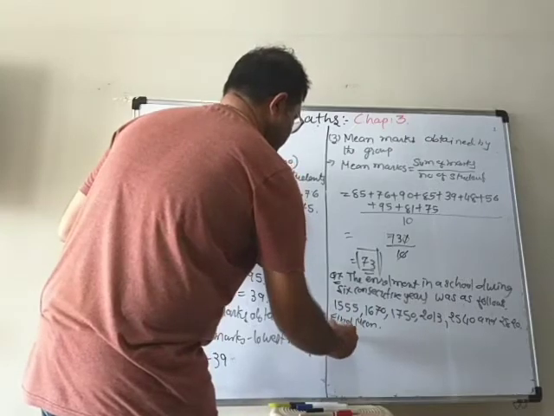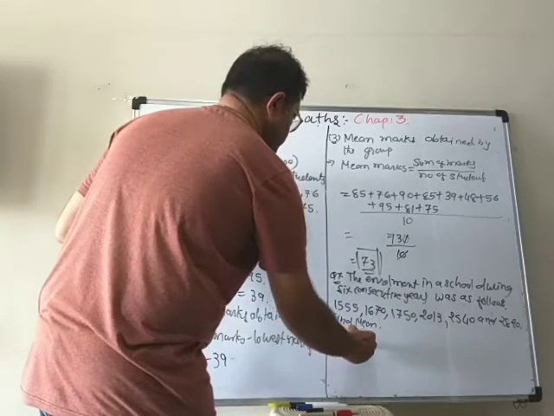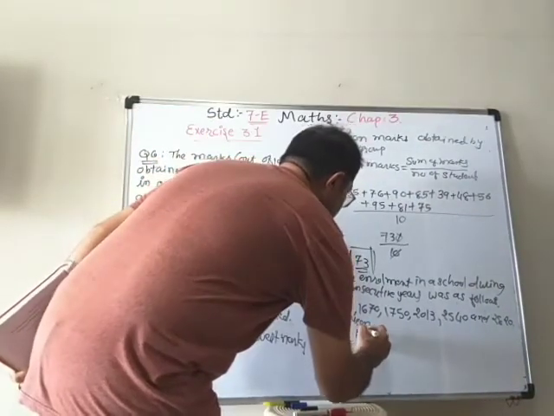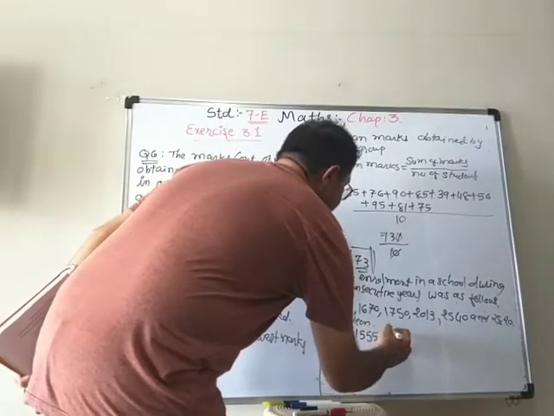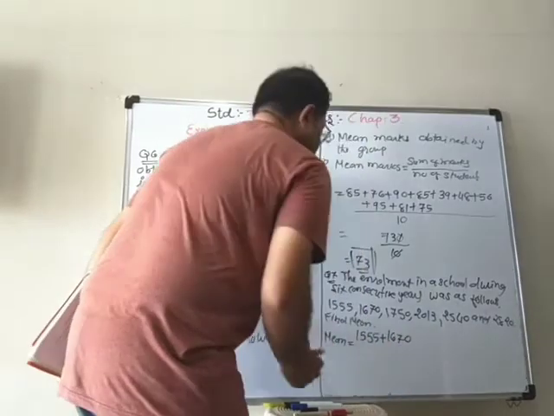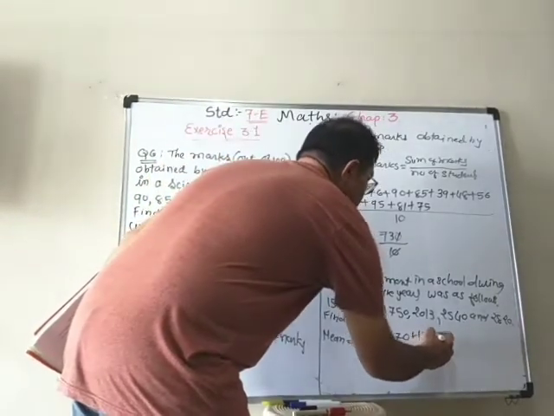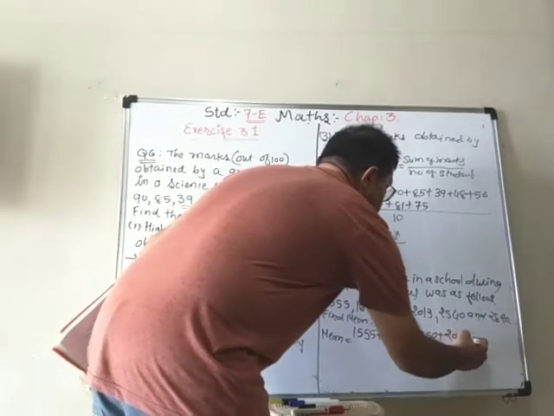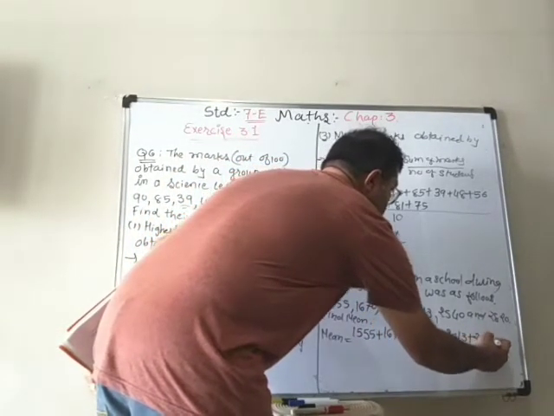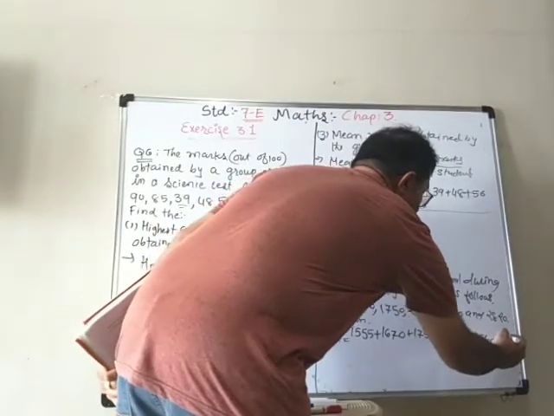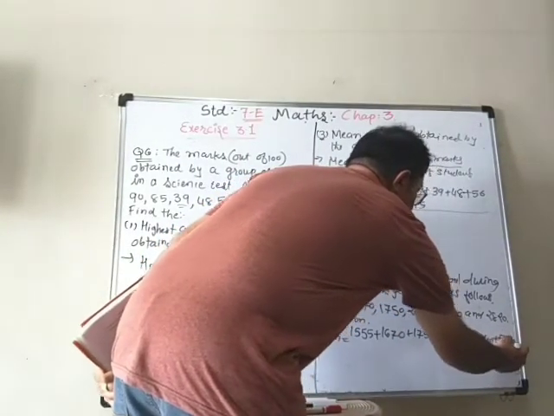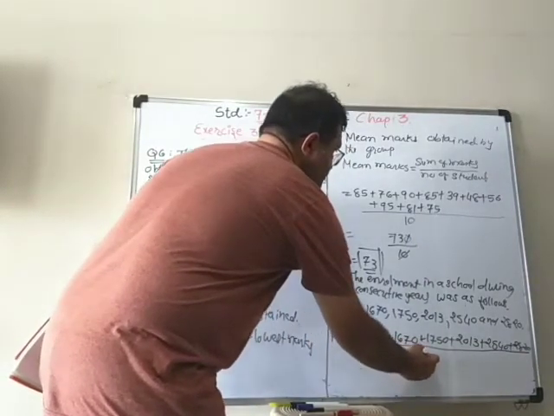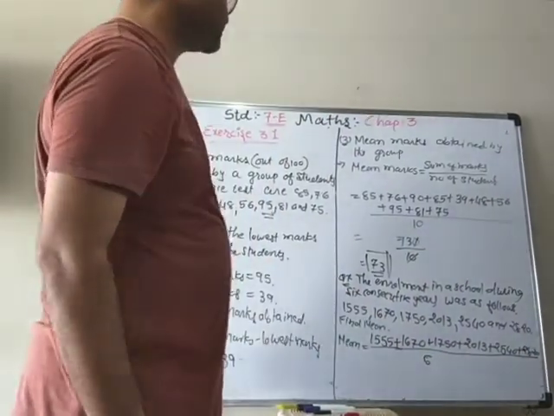So now we know that mean is equal to, we have to add all of them, means 1555 plus 1670, 1750, 2013, 2540, 2820. Divide by 6.